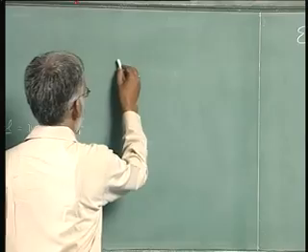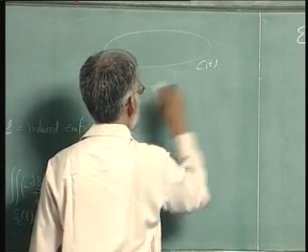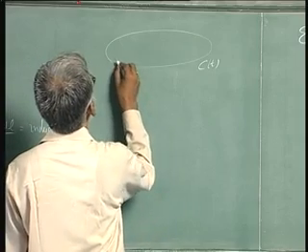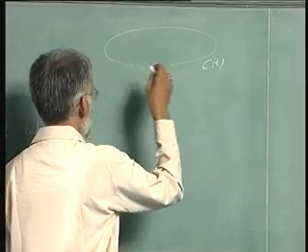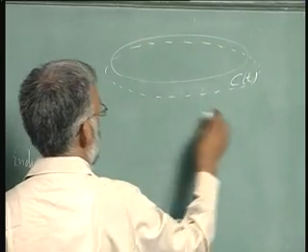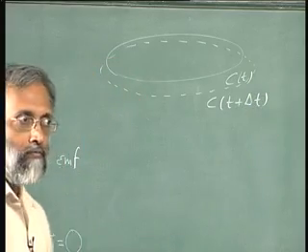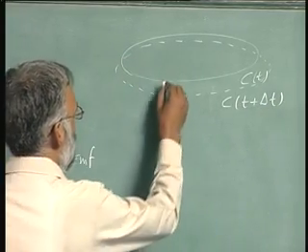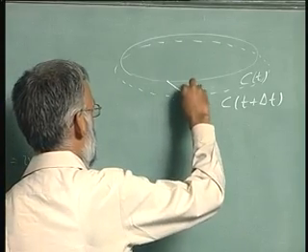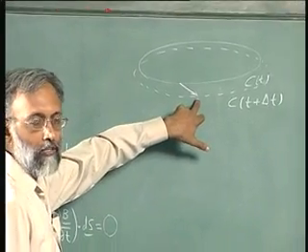What we do is we take a loop, this is our C of t, and we allow that loop to move. So if the loop moved, it came to a new position. This is C of t plus delta t. Now in order to move, every point on this original loop moved with a velocity v for a time delta t and reached a corresponding point in the new loop.